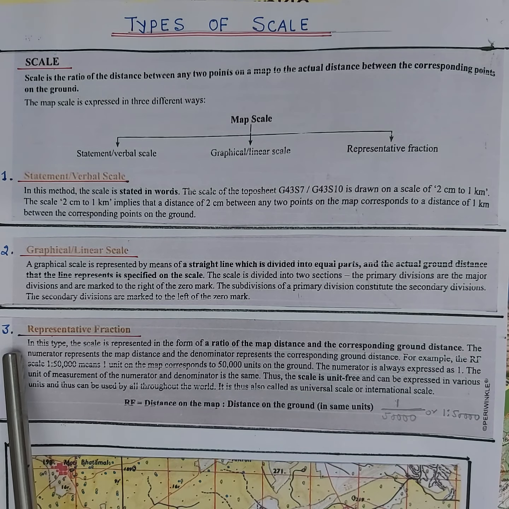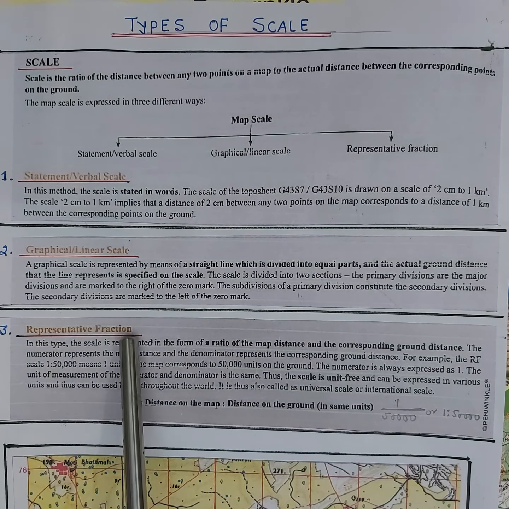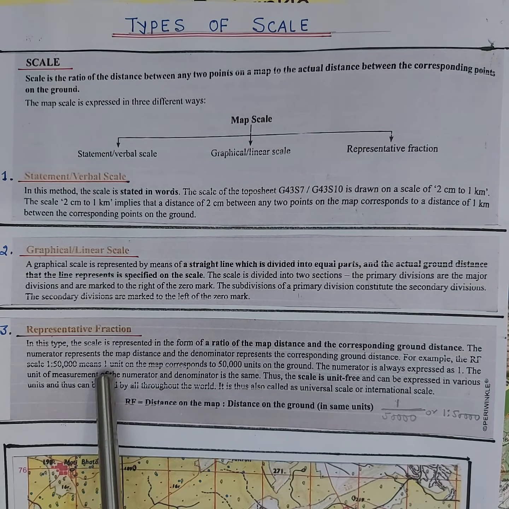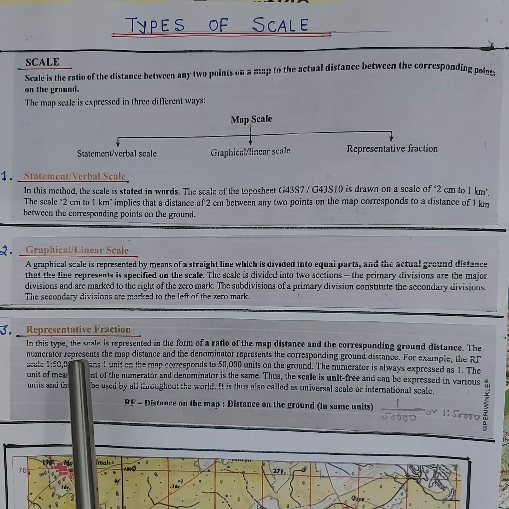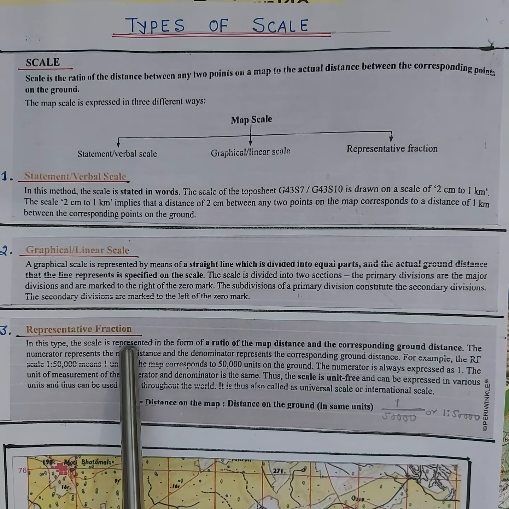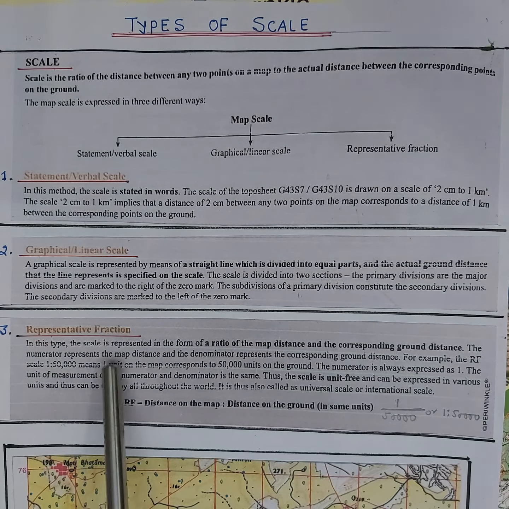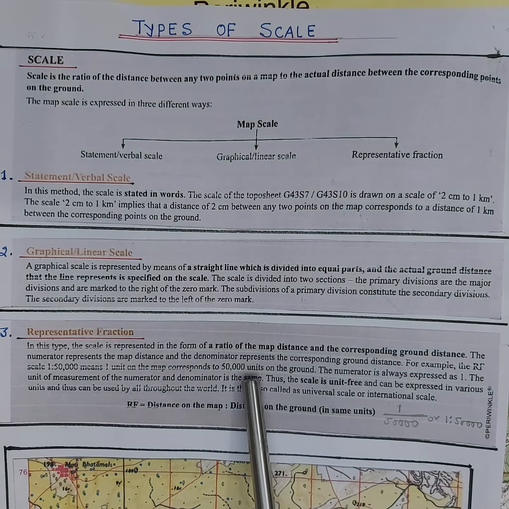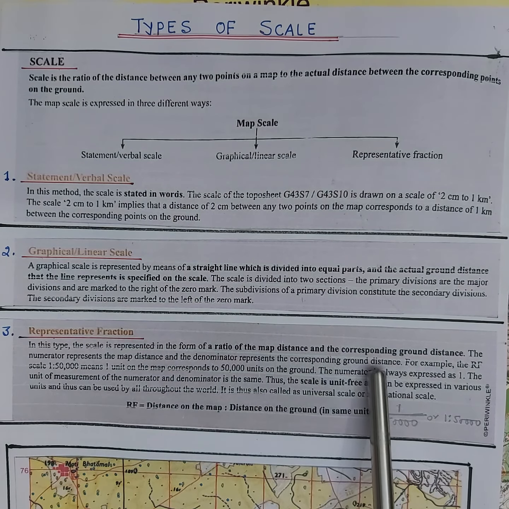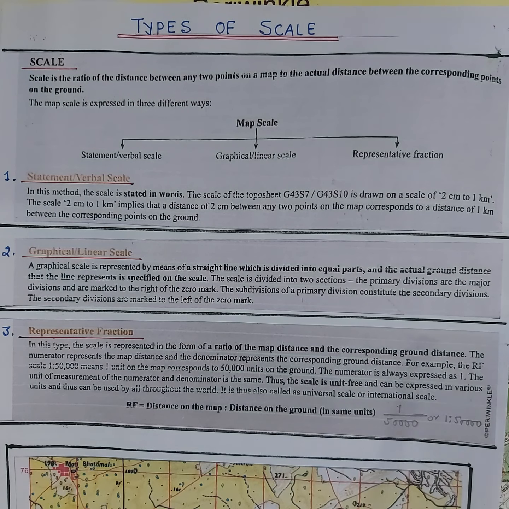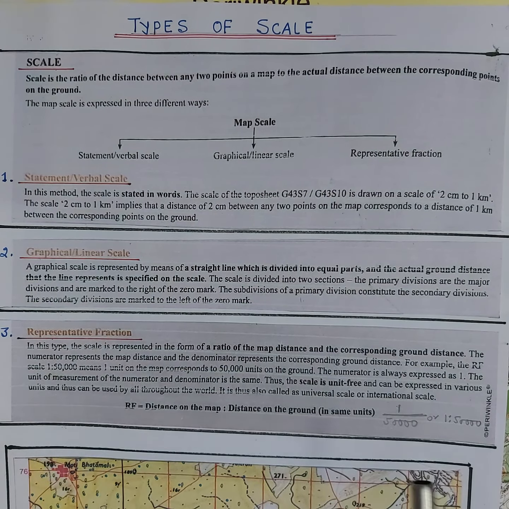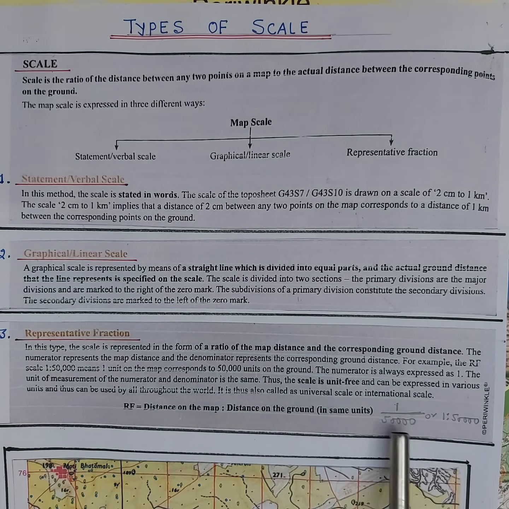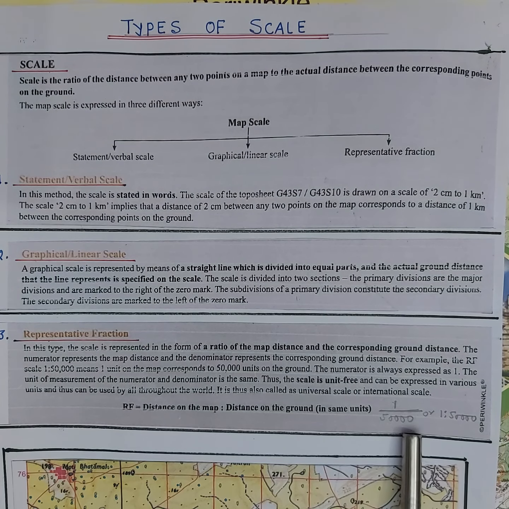And the third type of scale is called the representative fraction, and here you have to learn the definition of representative fraction, only the definition of RF scale. In this type, the scale is represented in the form of a ratio of the map distance and the corresponding ground distance, right? Here you can see 1 upon 50,000. So 1 is the numerator and 50,000 is the denominator.